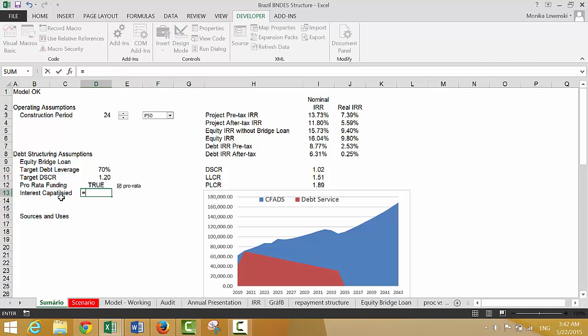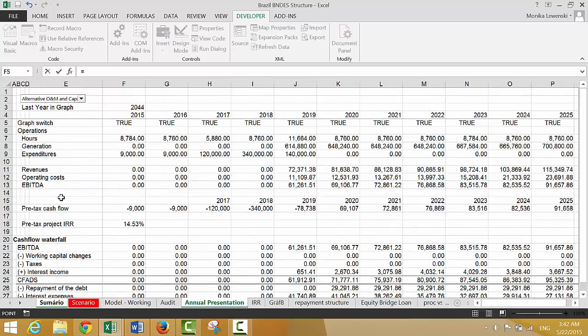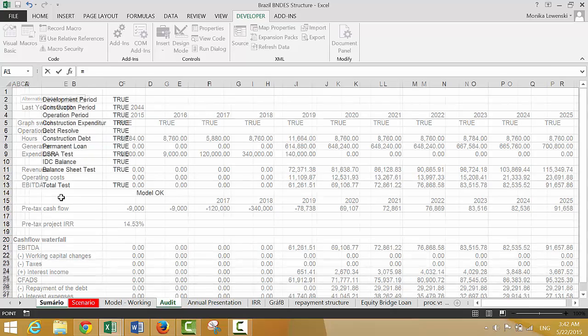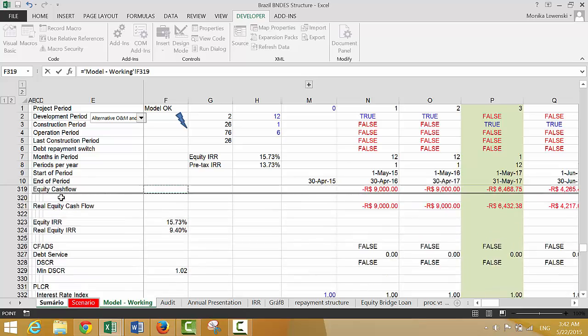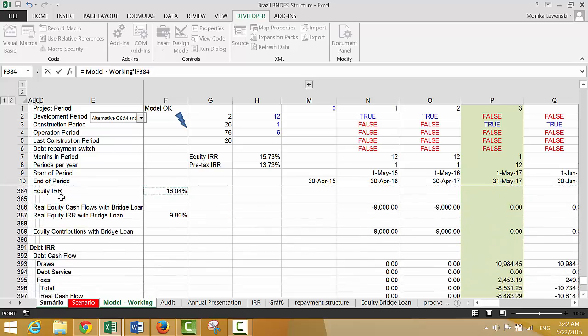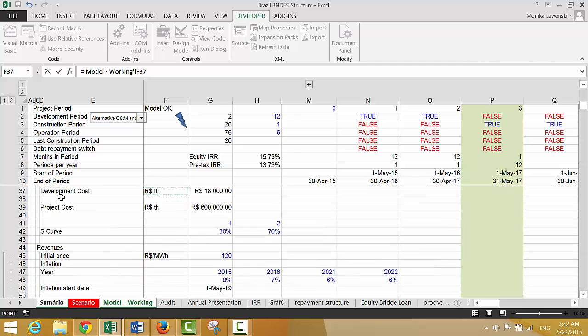And put an equal sign and go to the equity bridge loan. Where's my equity? Oh, come on. Okay.